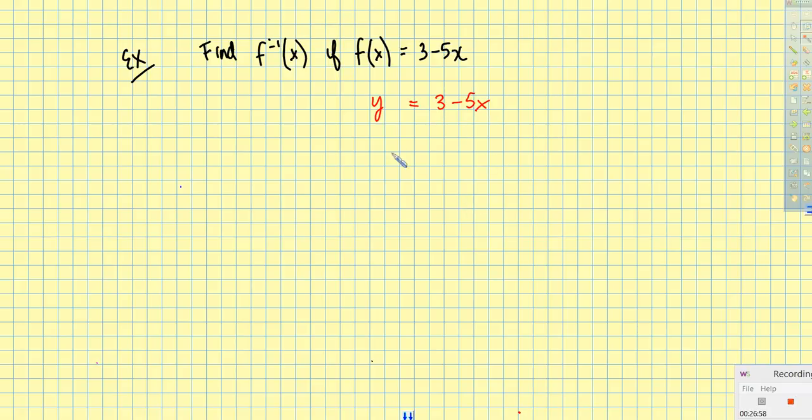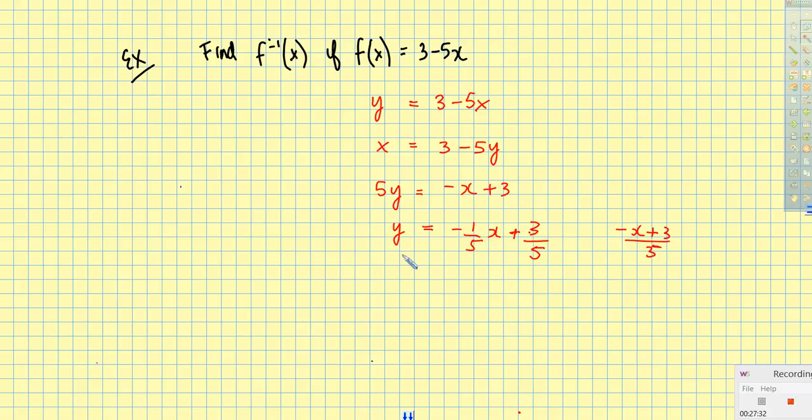We then swap our x's and y's, so x is equal to 3 minus 5y, and then we isolate for y. So 5y is equal to negative x plus 3, and therefore then I divide both sides by 5, so I get negative 1/5 x plus 3/5, or I could write it as negative x plus 3 over 5. Same thing.